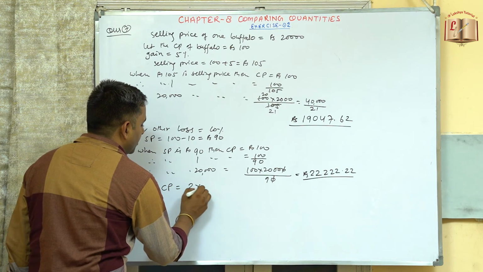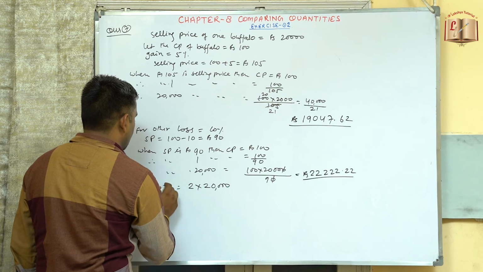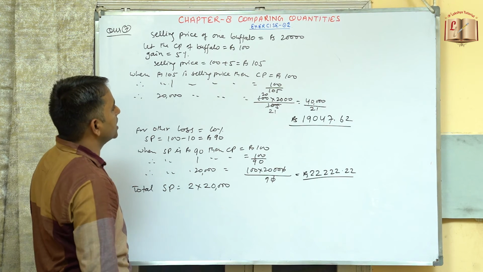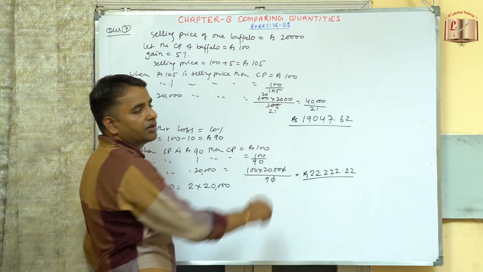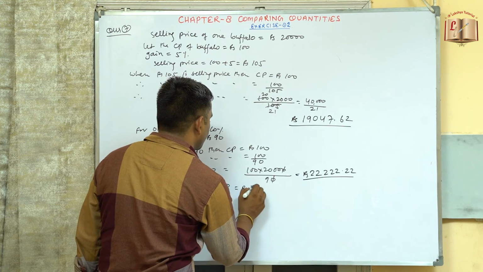Now we will find out this total CP. Sorry, total SP, because SP of one buffalo is given as 20,000. So for 2 buffaloes it will be 2 into 20,000, so it will be rupees 40,000.